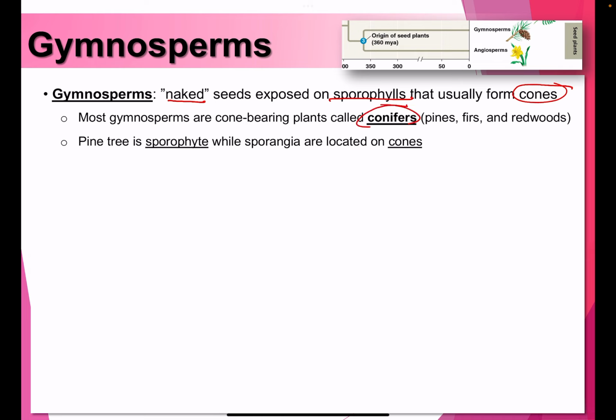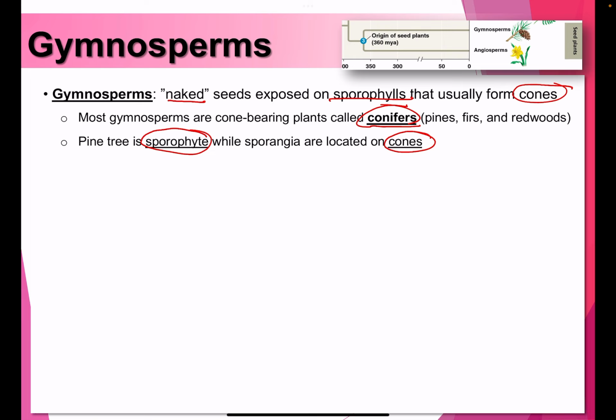And conifers, when we talk about specific plants that fall under that category, are pine trees, like I was saying, firs and redwoods. Now, a pine tree is a sporophyte itself, while sporangia are located on the cones. So remember that the sporophyte is the big tree now.